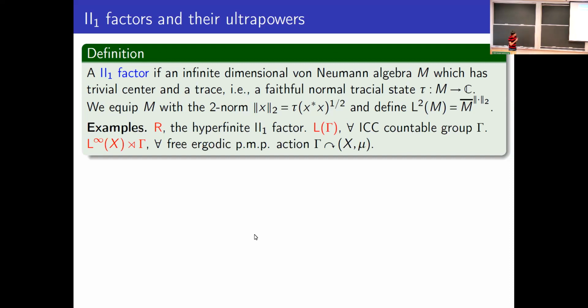In fact, I think just the first two will show up in the talk, but of course, Murray von Neumann's hyperfinite II1 factor, the group von Neumann algebra L of gamma of any ICC countable group gamma, and then the group measure space von Neumann algebra L infinity of X cross gamma for any free ergodic probability measure preserving action.